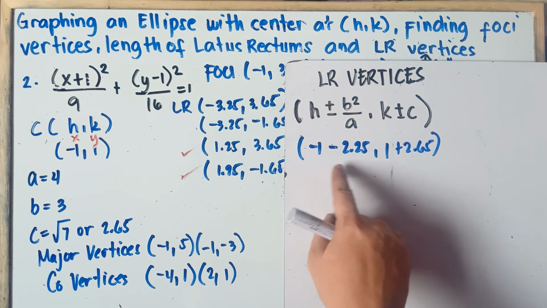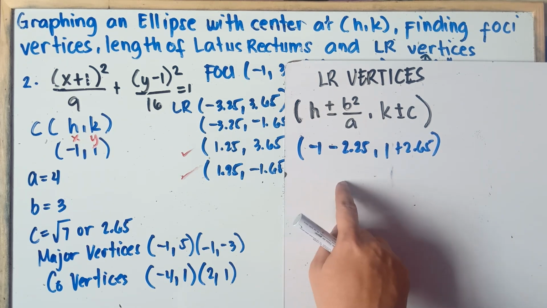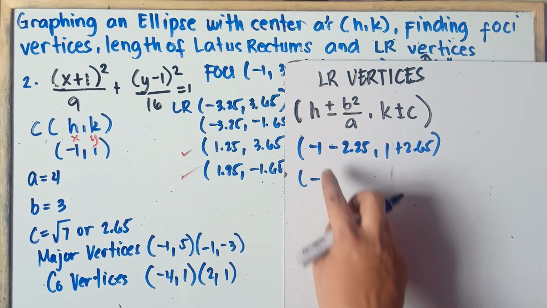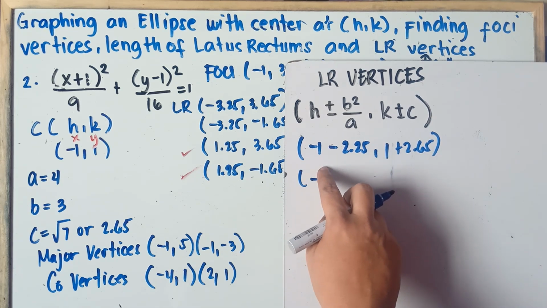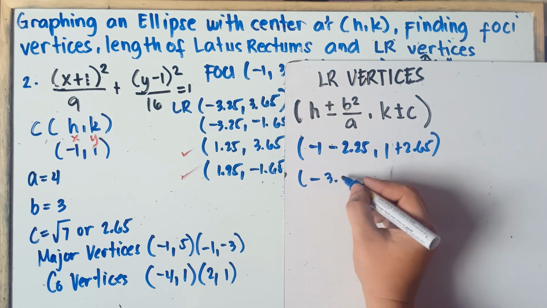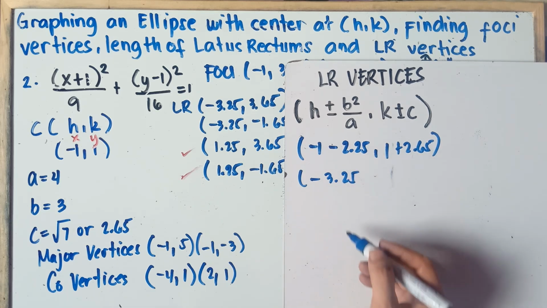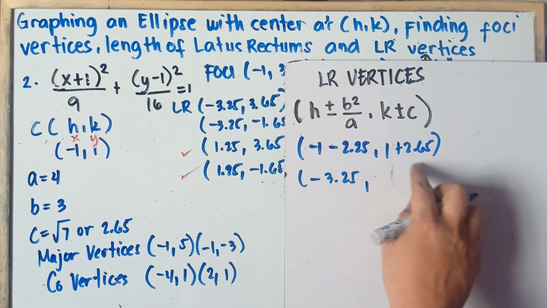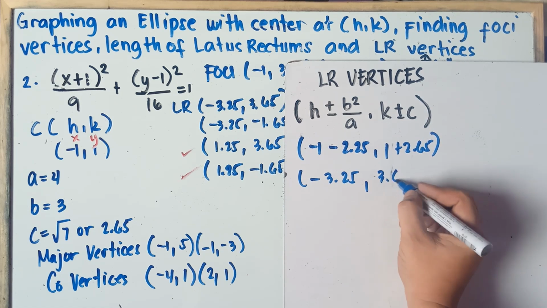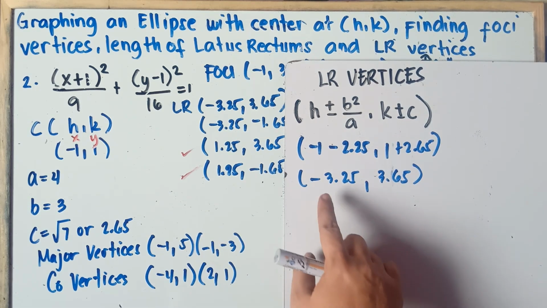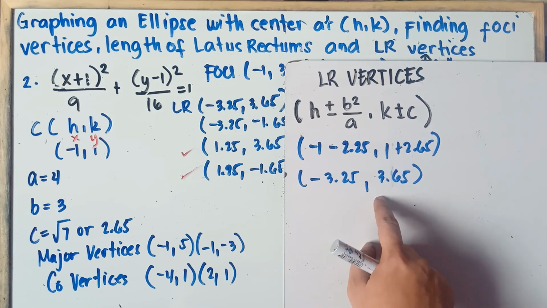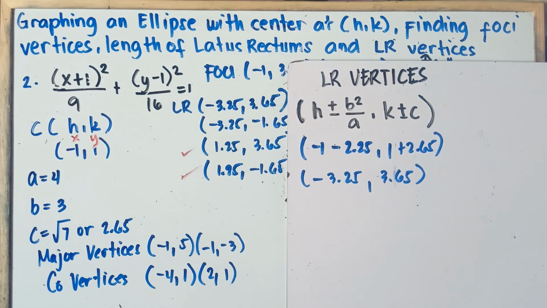Alright, so negative 1 minus 2.25, if you both have negative, simply copy the negative sign, then you add the numbers. 1 plus 2.25, that would be 3.25. Comma, then 1 plus 2.65, that would be 3.65. So negative 3.25 and then positive 3.65. Yup, same answer, class.